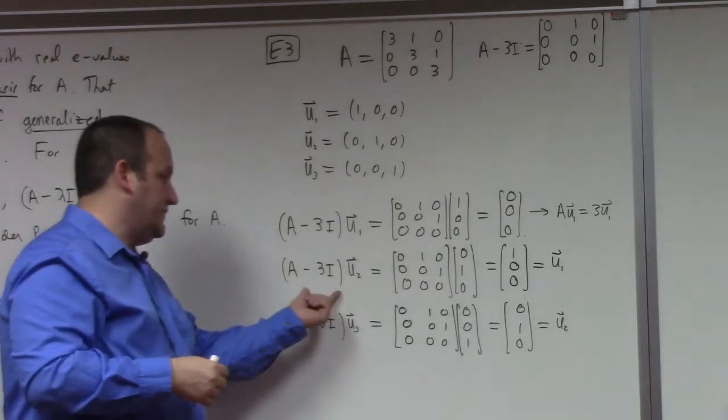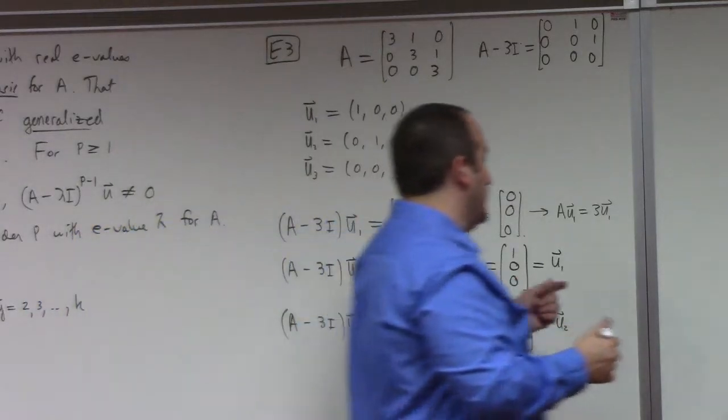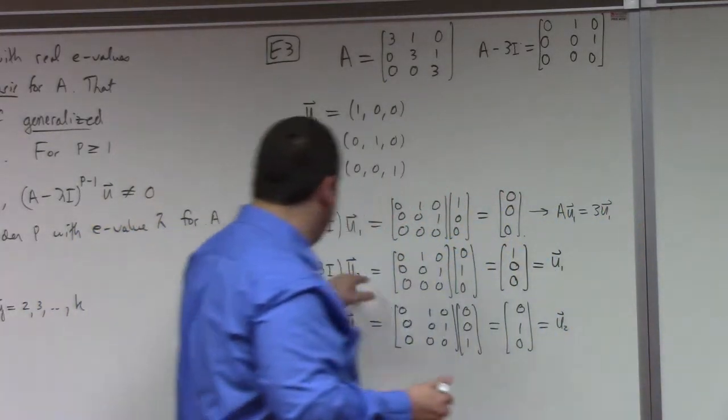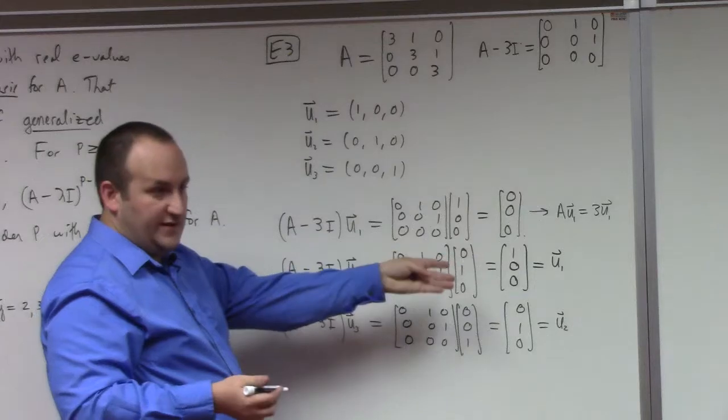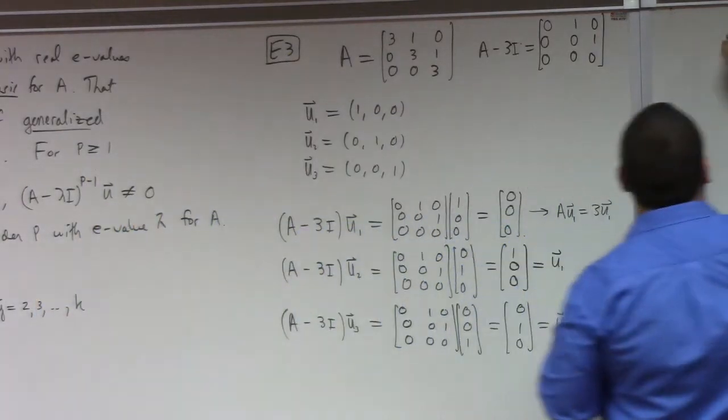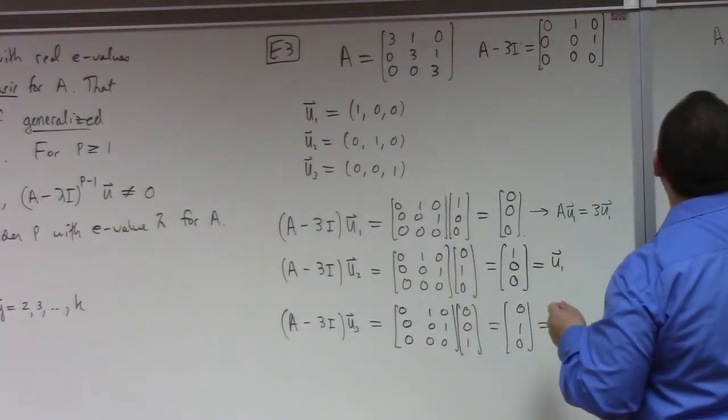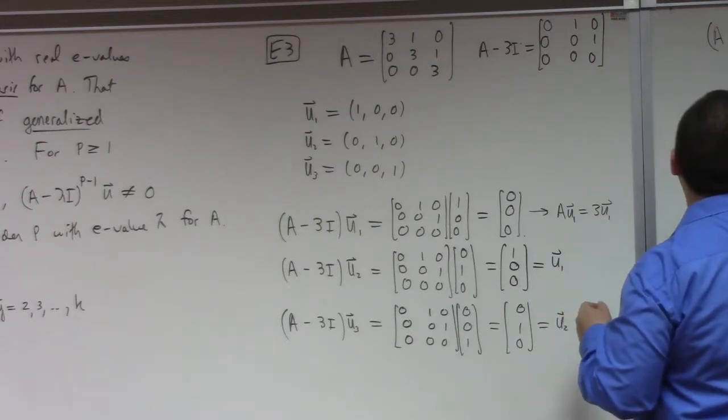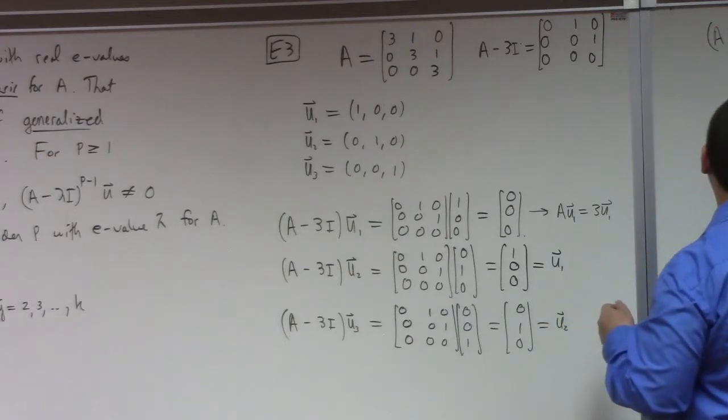How about this U2? Clearly, A minus 3I times U2 is U1, which is non-zero. What happens if we look at A minus 3I squared times U2?